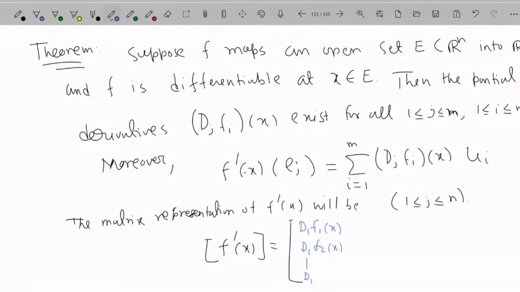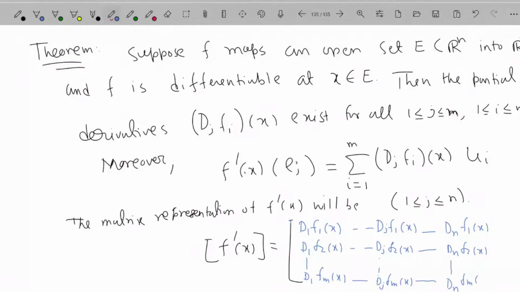So in general, it's going on in this way. Dj acting on F1x, Dj acting on F2x, Dj acting on Fmx, and then at the end, Dn acting on F1x, Dn acting on F2x, Dn acting on Fmx.